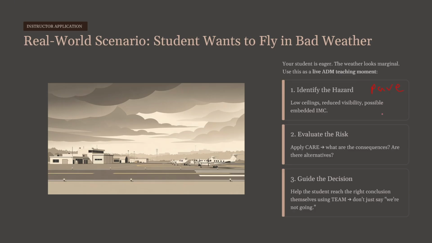And then evaluate the risk using CARE. What are the consequences and what alternatives do we have? We'll keep reminding them of reality and also check the student's external pressure. And finally, guide the student through the decision using TEAM.